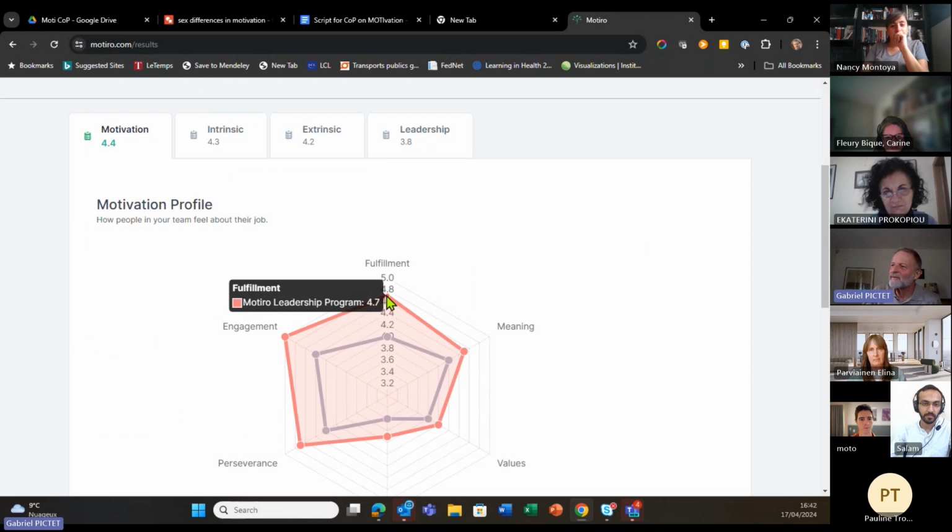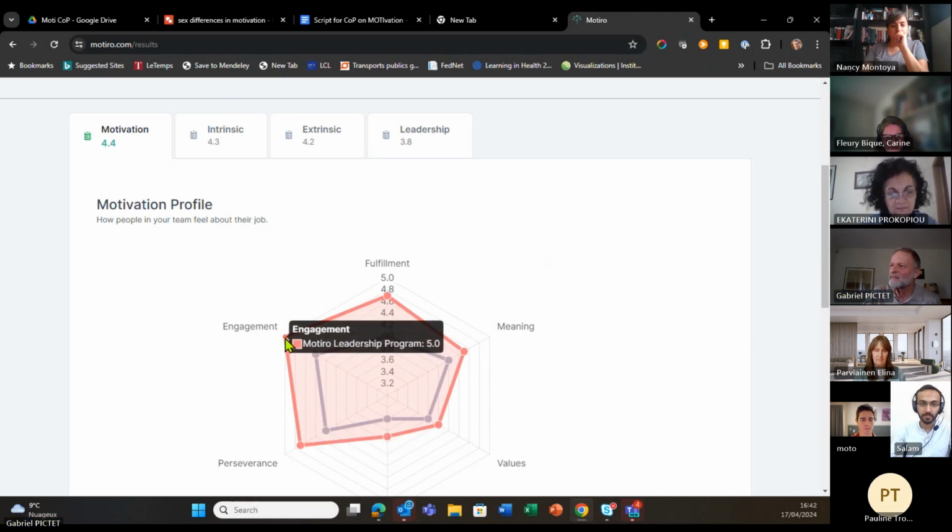As you can see, they score very high in fulfillment, in meaning, actually in practically everything. That's the maximum possible score. I've never seen this. And this is men and women, it's not just me.